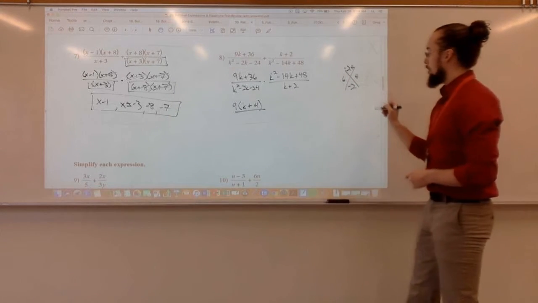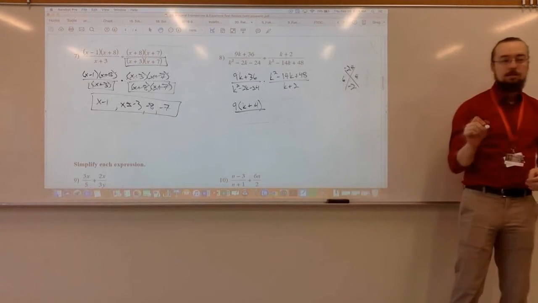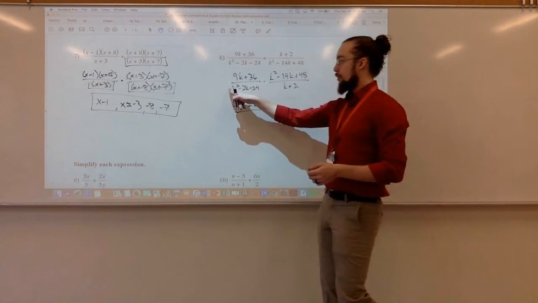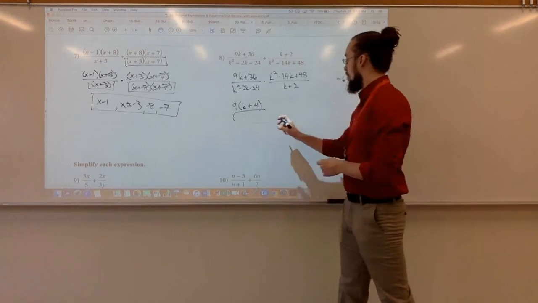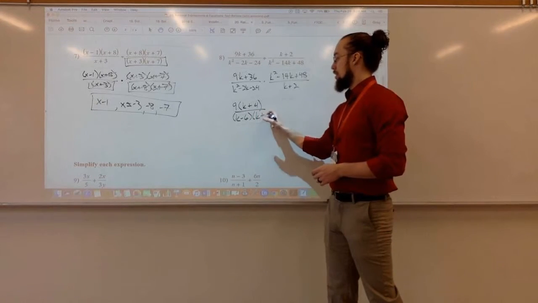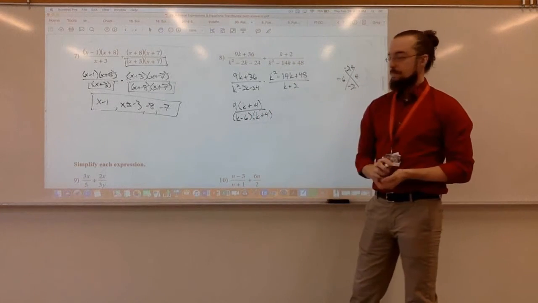One of them will have to be negative. It's going to be 6. 6 will have to be negative. My leading coefficient is 1, which means those are my factors: k minus 6 and k plus 4.